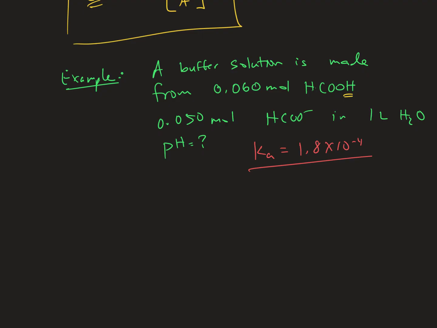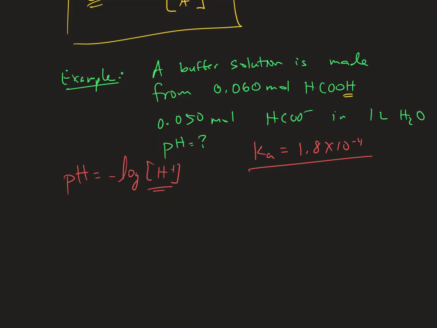So if we want to find the pH, what do we have to know? There's an equation that says pH equals negative log of H plus. That's on our equation sheet, right? So we have to know our H plus concentration.